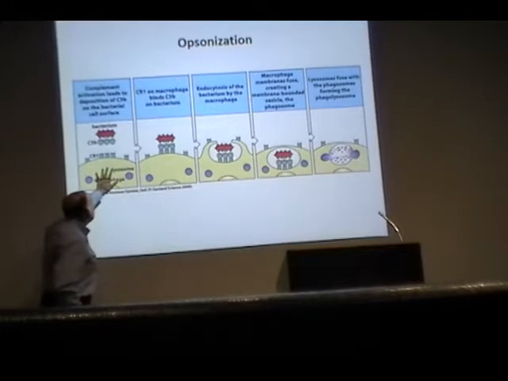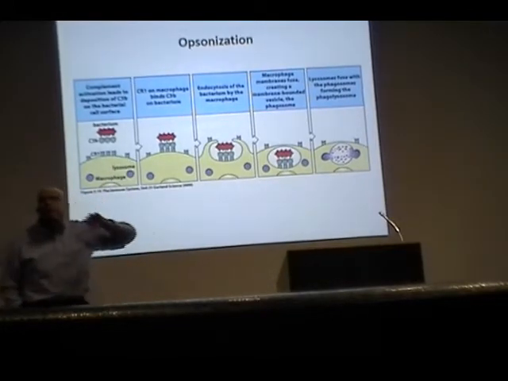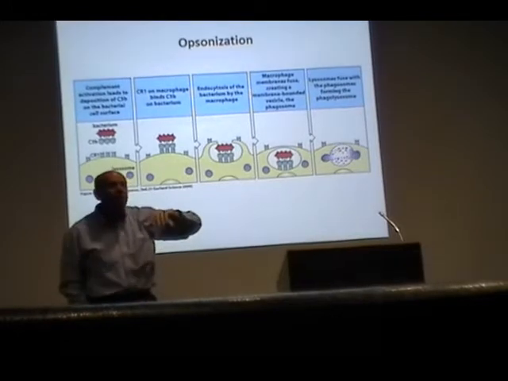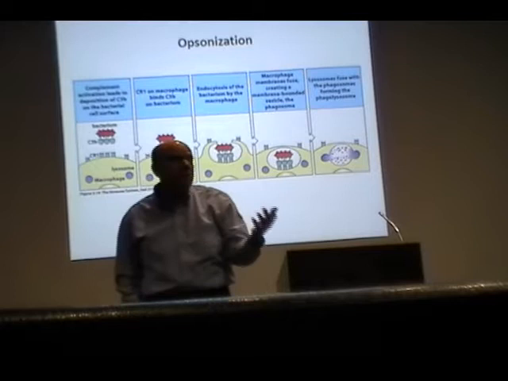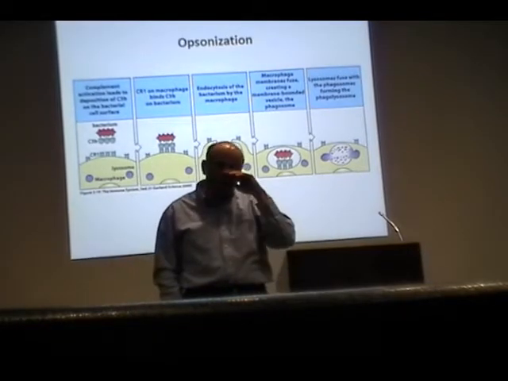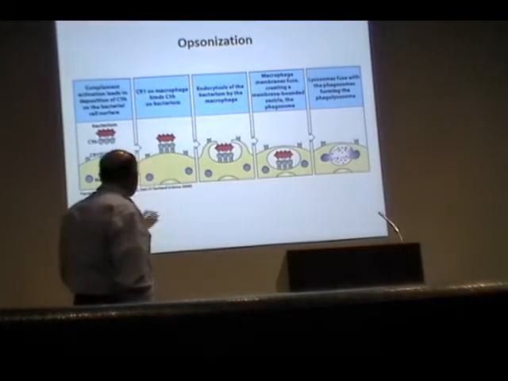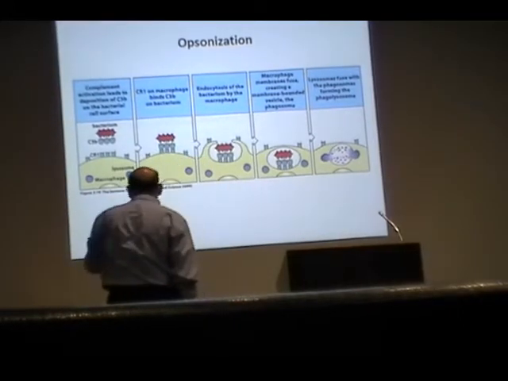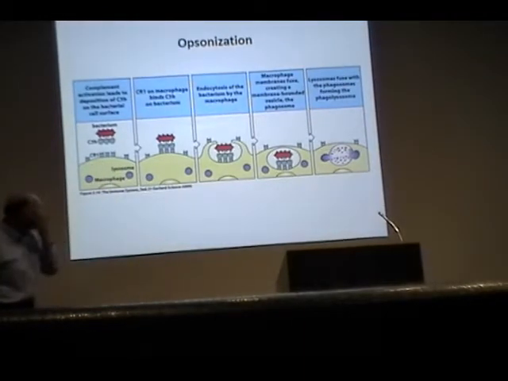This is the phagocyte. There's the bacteria. Our entire goal today has been to deposit C3b on the surface of the bacteria. We did so through the C3 convertase, with the two different C3 convertases. So the bacteria is coated with C3b. It ends up phagocytic cells have receptors for C3b.